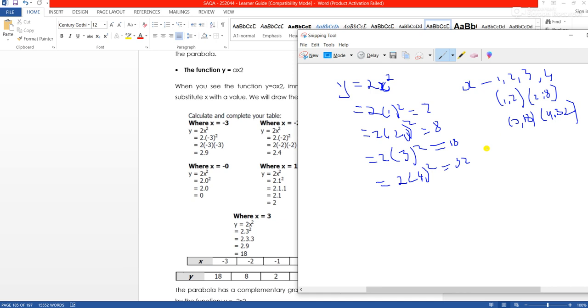So these are our coordinates based on our x values. We'll assume this is 8.